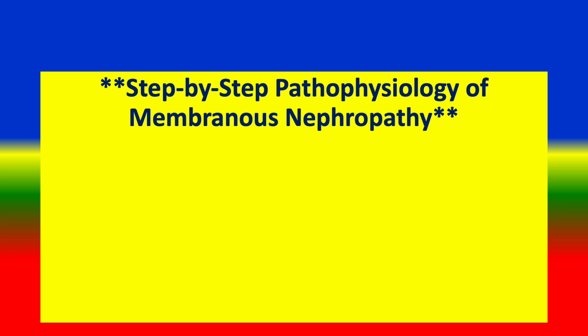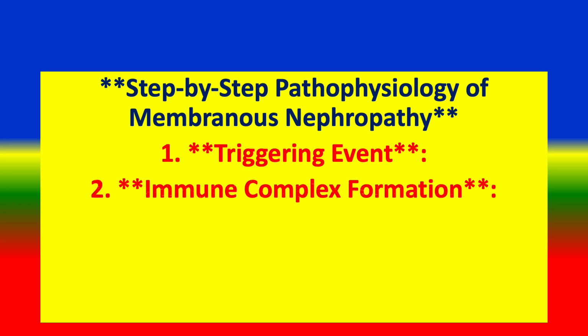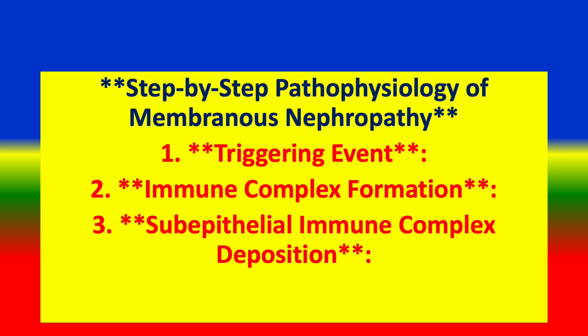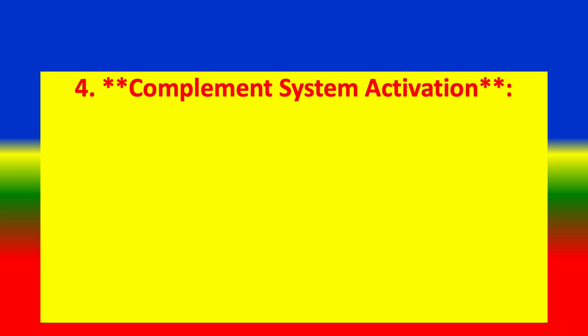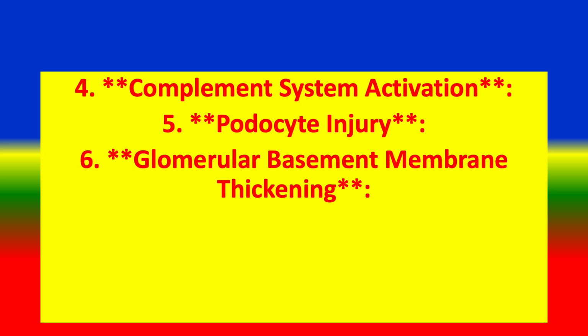Step-by-step pathophysiology of membranous nephropathy. 1. Triggering event. 2. Immune complex formation. 3. Subepithelial immune complex deposition. 4. Complement system activation. 5. Podocyte injury. 6.